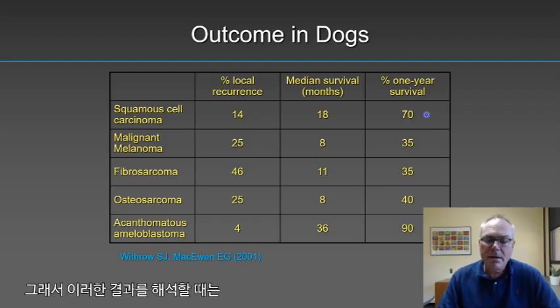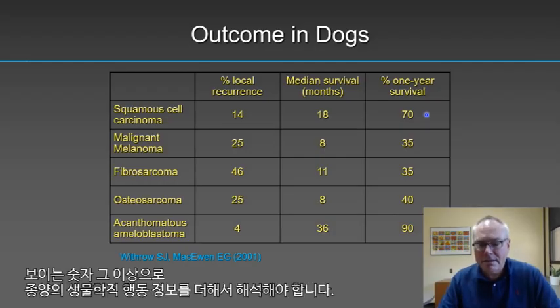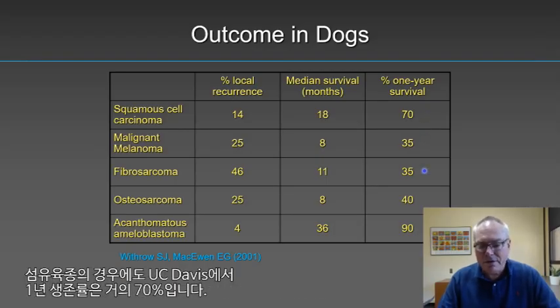So, you cannot give these figures to the client without some further explanation that these are statistics, these are averages, but one has to apply our knowledge of the biological behavior based upon the appearance in the individual animal. The same applies to the fibrosarcoma.